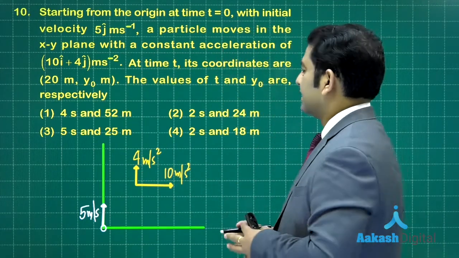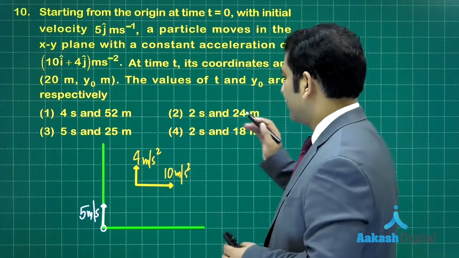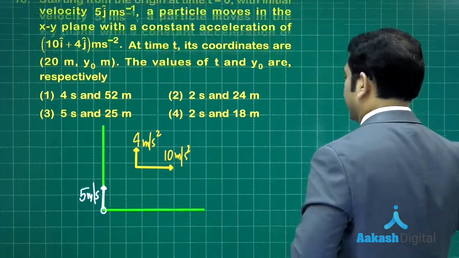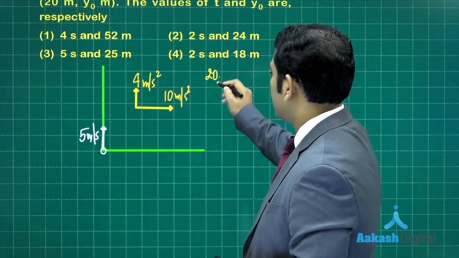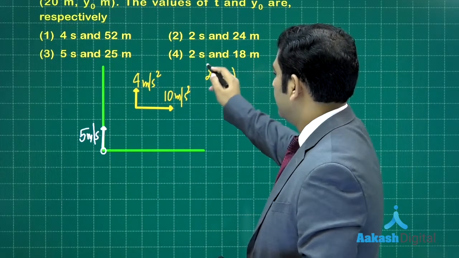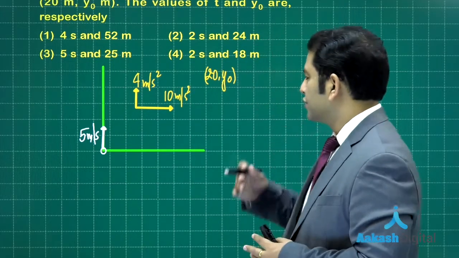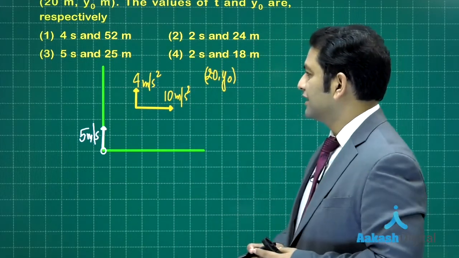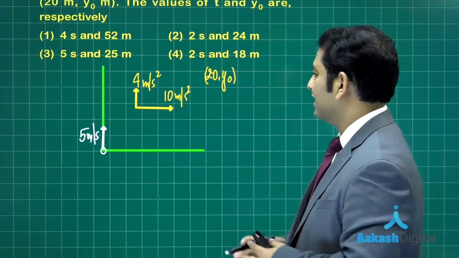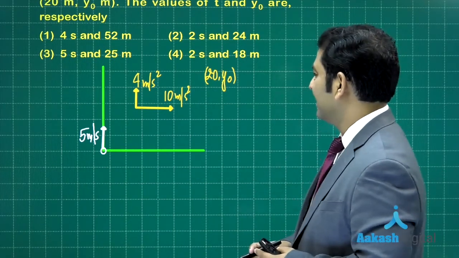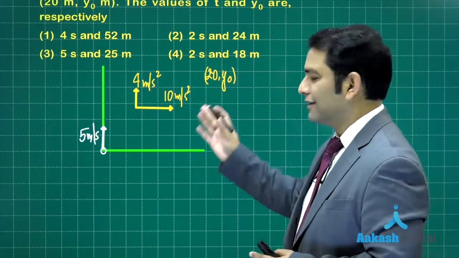Now after a certain time, the coordinate is 20, y naught. So somewhere it reaches, and we need to calculate that. So the final coordinate is 20, y naught. Let's begin. If you talk about the y-axis, the y naught is unknown. And if you talk about the x-axis, the position 20 is there, the acceleration is also there.